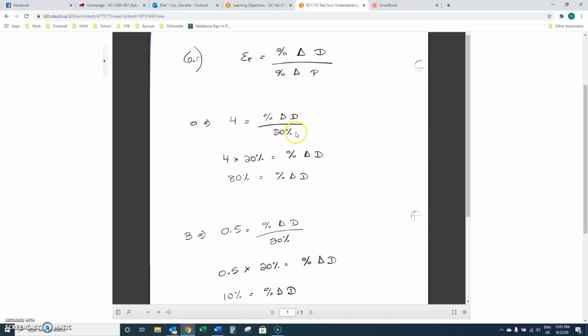Once we have this, it's just basic math. To isolate this top portion, it's 4 times the 20%, which equals the component we're looking for. Obviously 4 times 20% is 80%, so the percent change in the quantity demanded is 80%.